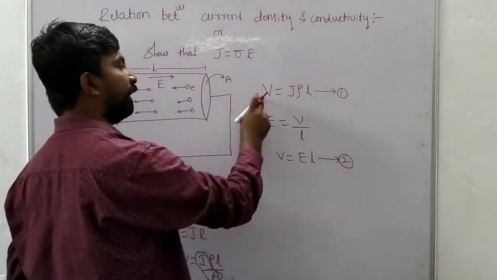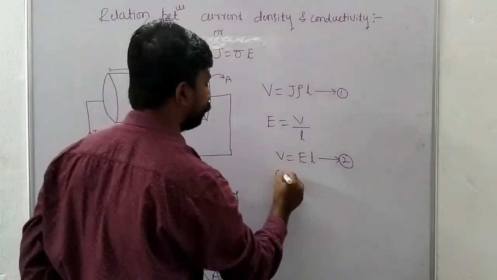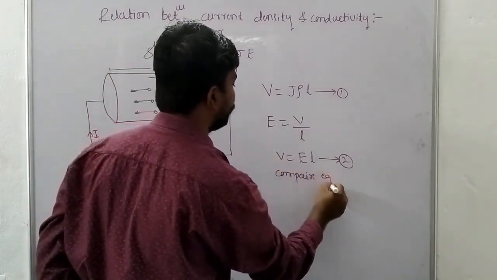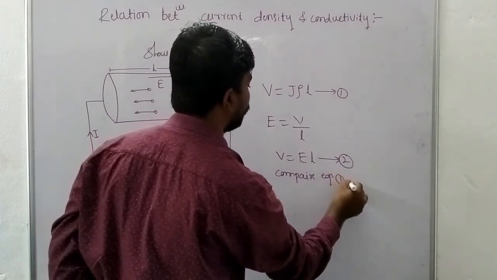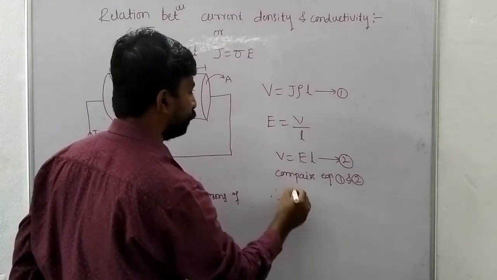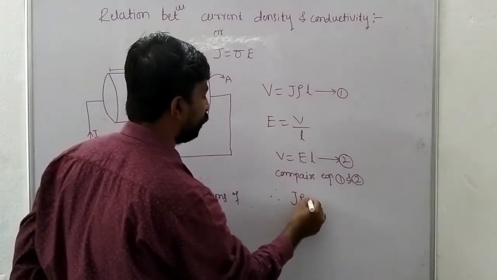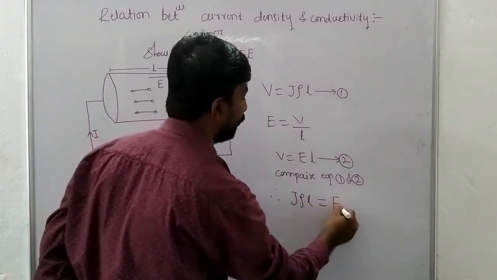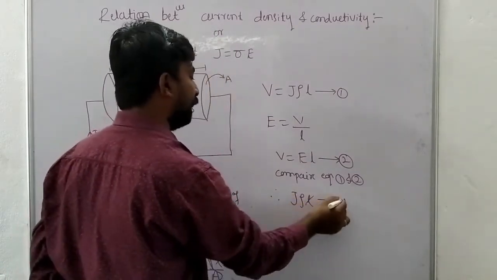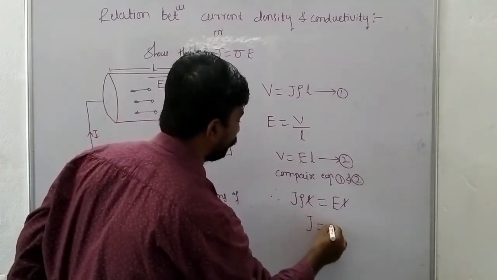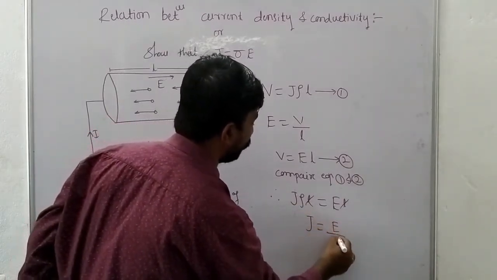Comparing equation 1 and 2, J rho L is equal to E L. L and L get cancelled, then J is equal to E by rho.